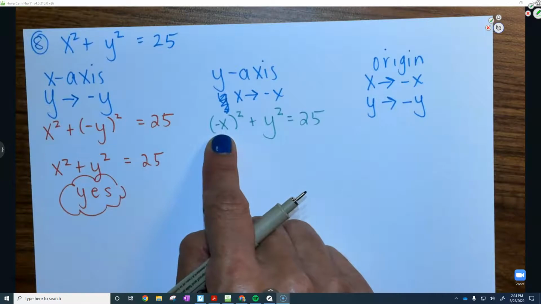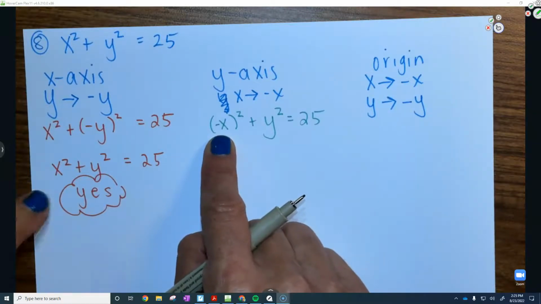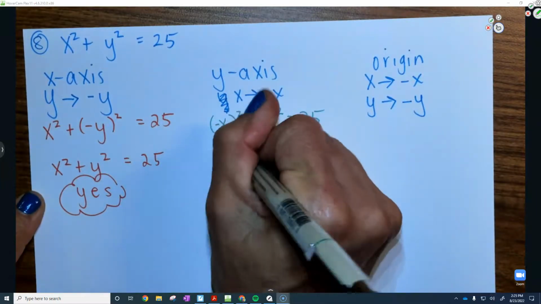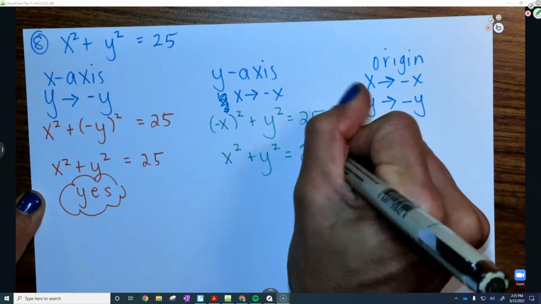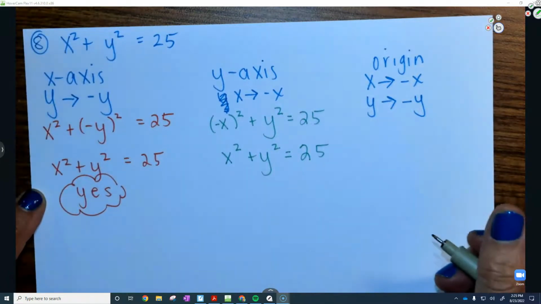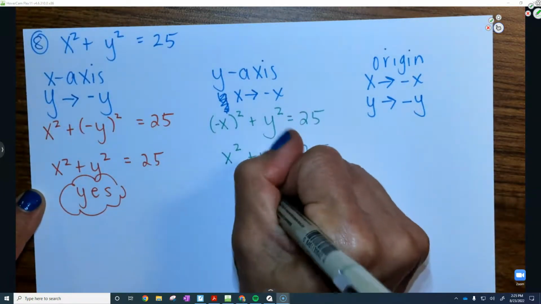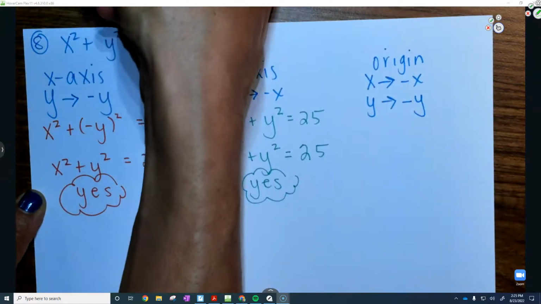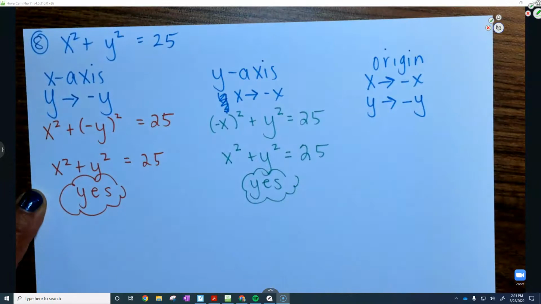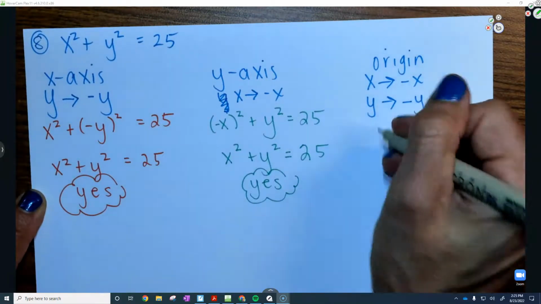Negative 3 times negative 3 is the same thing as positive 3 times positive 3. So we're going to write a yes on here also. What do you think is going to happen when I plug in both negatives? Yes.